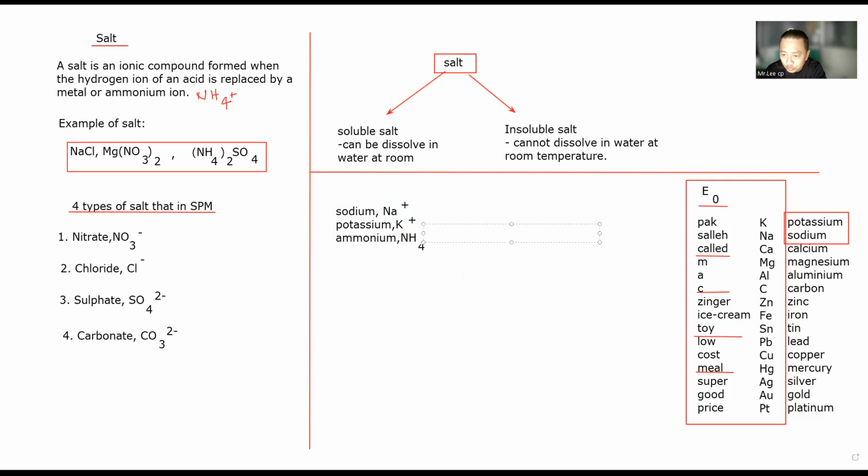This one you add in, ammonium. Because I told you potassium and sodium are very active, they must dissolve in water. So all of these three salts must be dissolved in water. Soluble. I call it soluble.